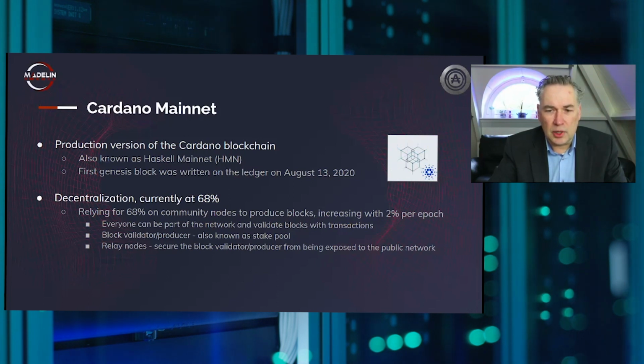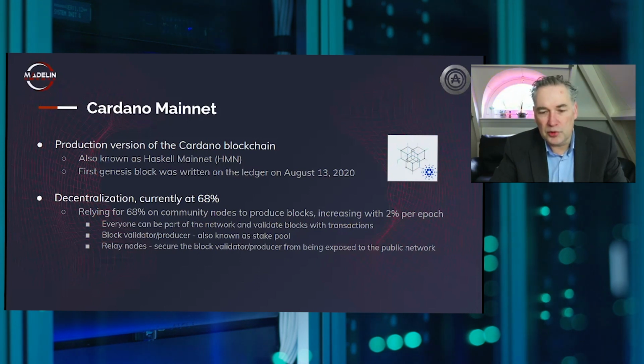And currently, the network is 68% decentralized. That means many people from the community are running a node and producing blocks. And this block production is increasing by 2% per epoch.